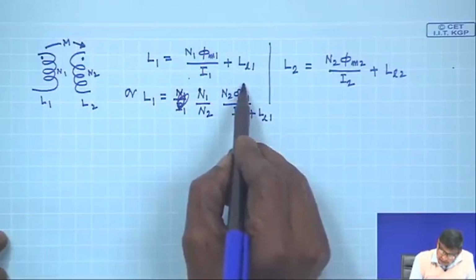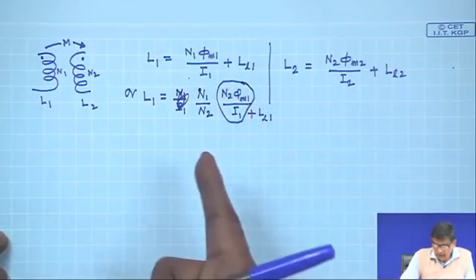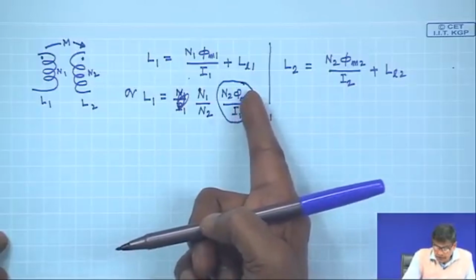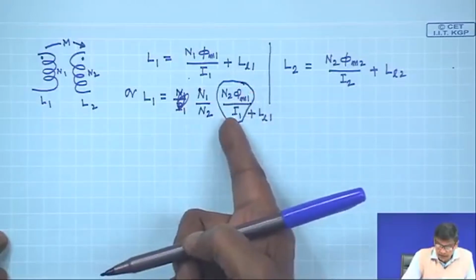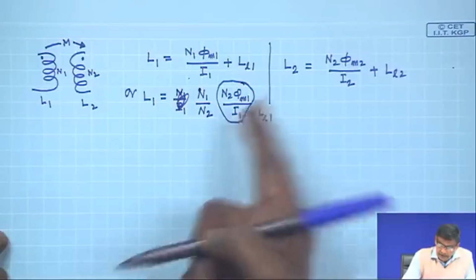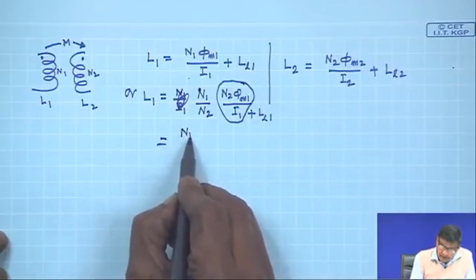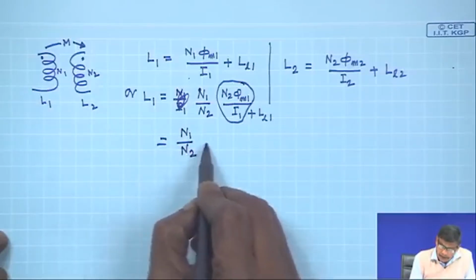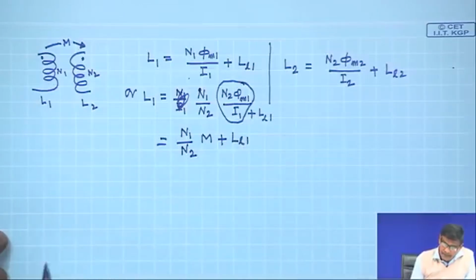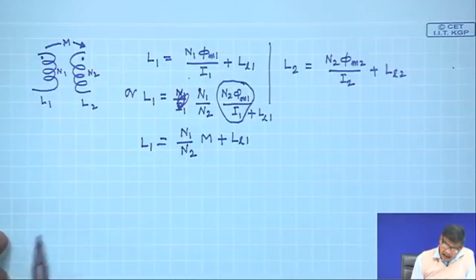Now, you can certainly recognize this term. Coil 1 is energized with I1 current, phi m1 is the mutual flux created by coil 1. So, N2 into phi m1 by I1 is nothing but mutual inductance. So, this is N1 by N2 into M plus L_l1.